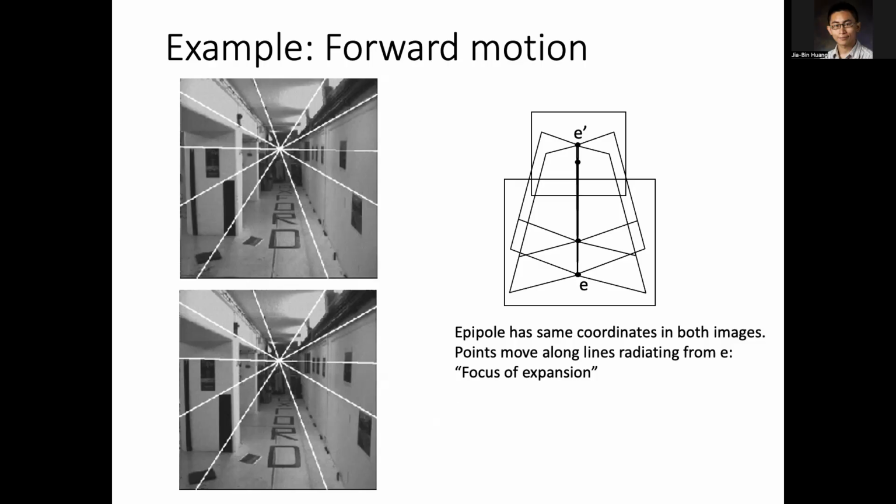When you find a point, you only search over this line, so you constrain your search space, and once you figure out the actual correspondence, you can figure out the depth. That's the core idea of all this.